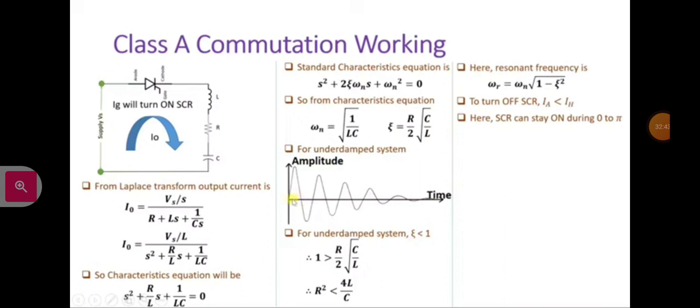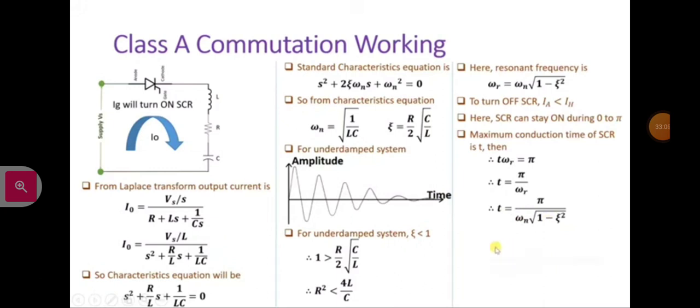So if I say this SCR stays on for pi angle, 0 to pi angle, then we can say T into omega r is equal to pi, where this T is the maximum conduction time of the SCR, and that will be pi divided by omega n into square root of 1 minus zeta square.